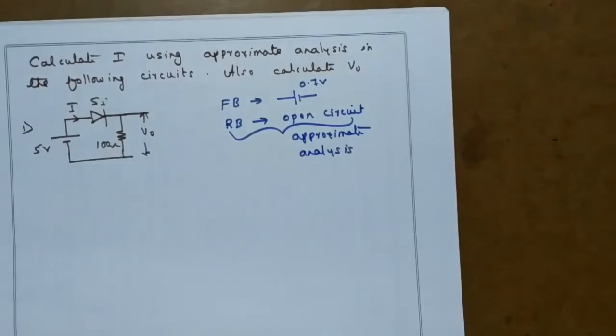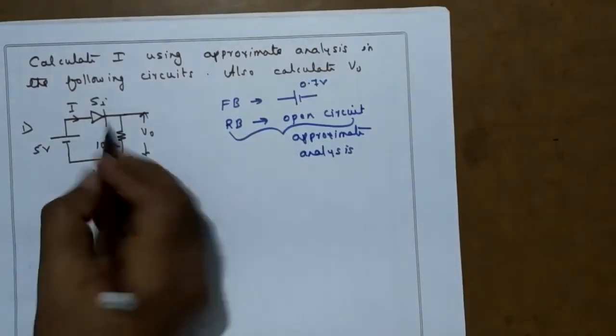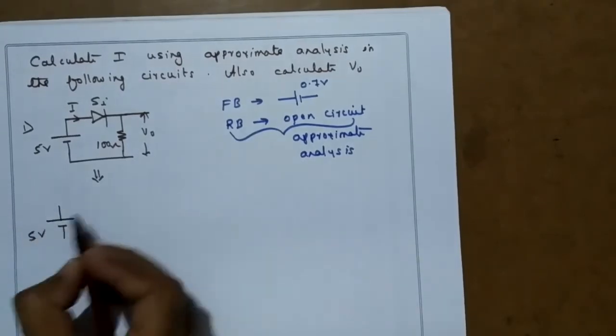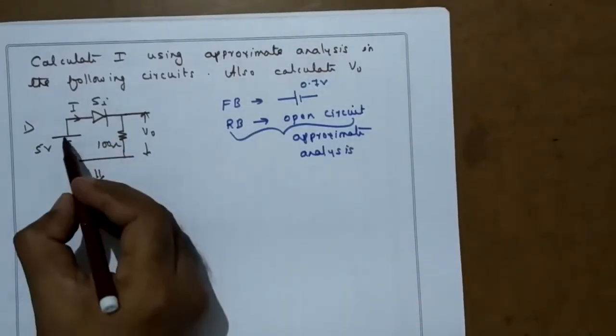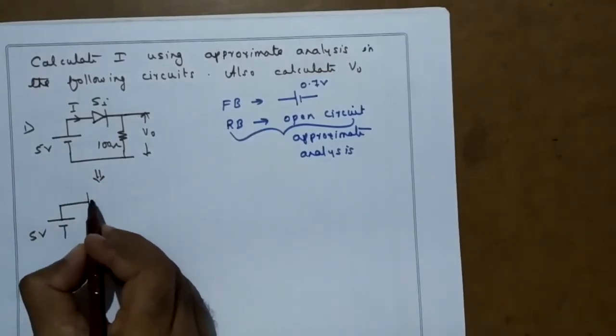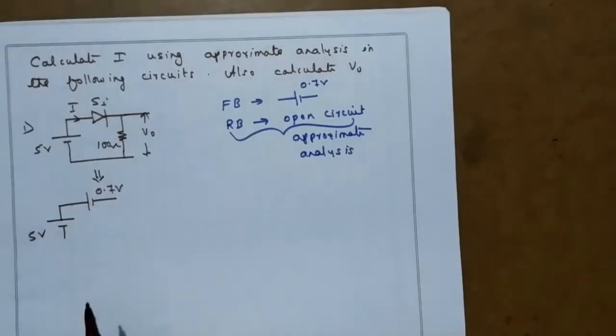Okay, now in this case, how to calculate the current? So you replace this by its equivalent. Here this is 5 volt and the diode is forward biased because higher potential is connected to P, and we replace it by its cut-in voltage 0.7 volt because this is silicon.